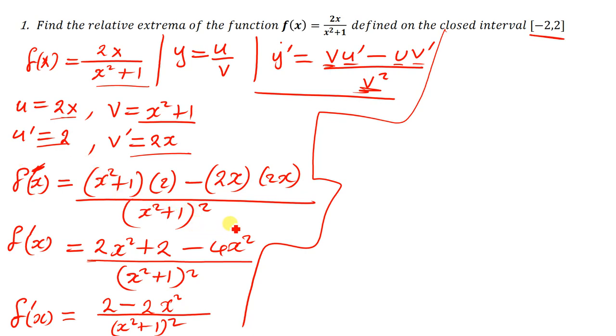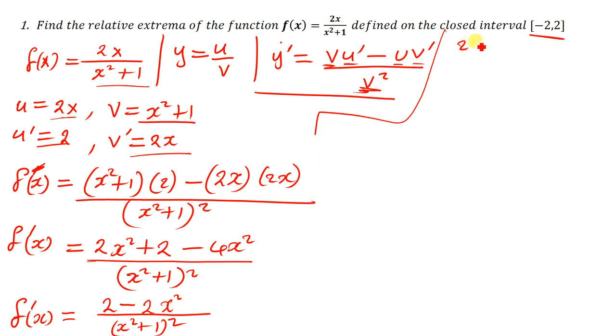Remember what I said: since this is also known as the gradient function, at the minimum or the maximum, the gradient is equal to 0. So what we're going to do now is equate this gradient function to 0 so that we can find the critical points.